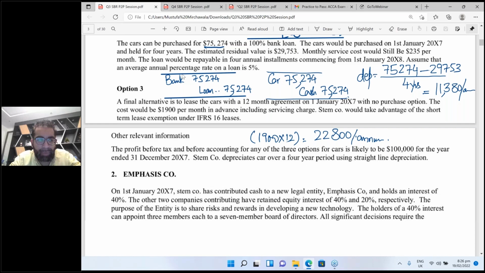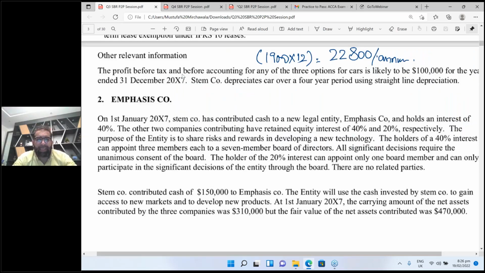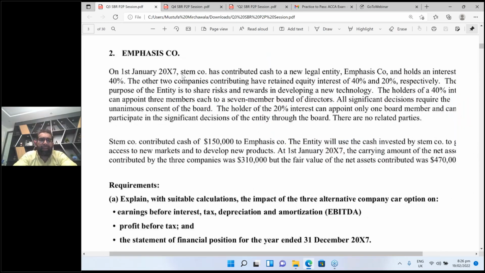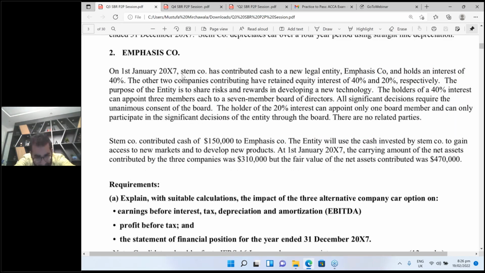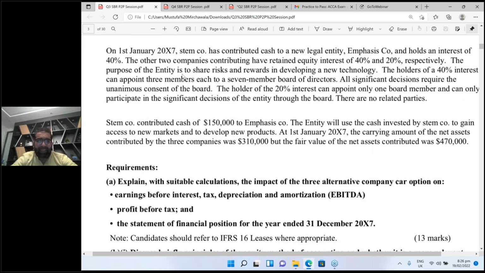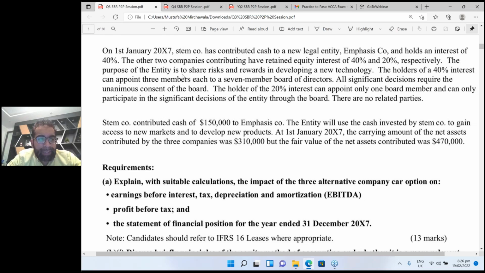This is the requirement. See, read. Explain with suitable calculations the impact of the three alternative company car options on earnings before interest and tax, EBITDA, profit before tax, and the statement of financial position for the year ended.